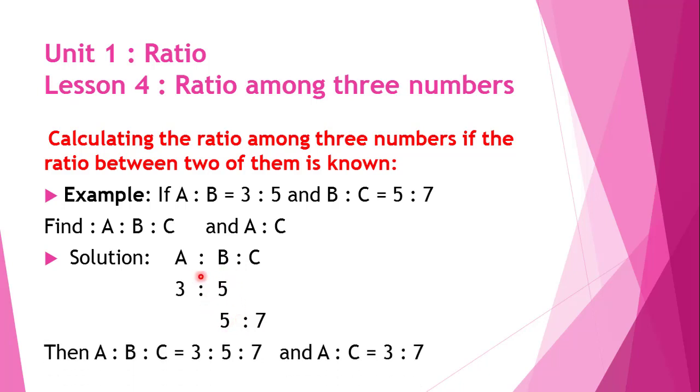So all the numbers are the same: 3, 5, 7. So A to B to C equals 3 to 5 to 7. Why? Because here in the middle 5 is the same number.